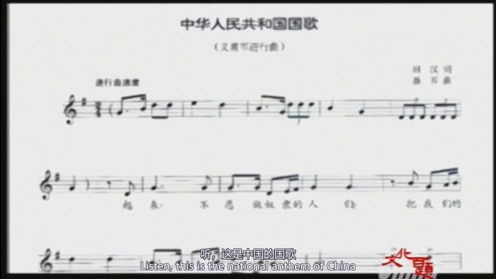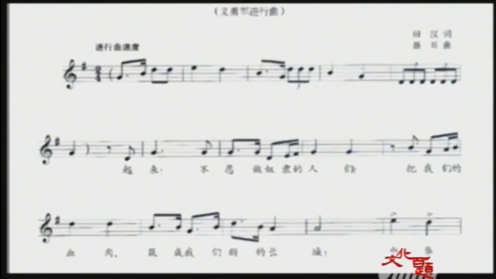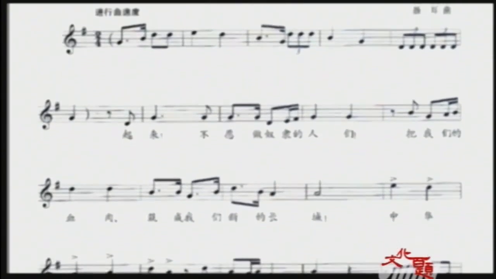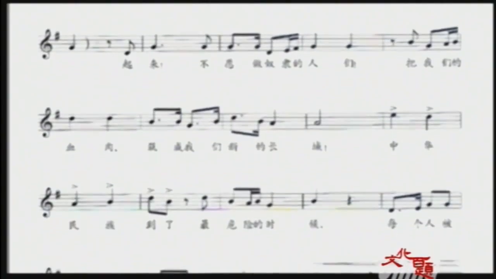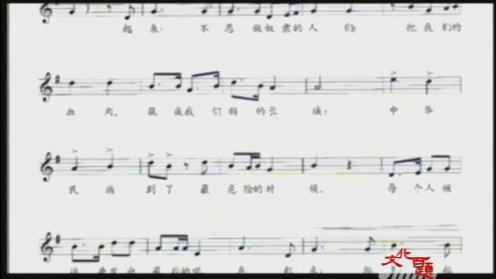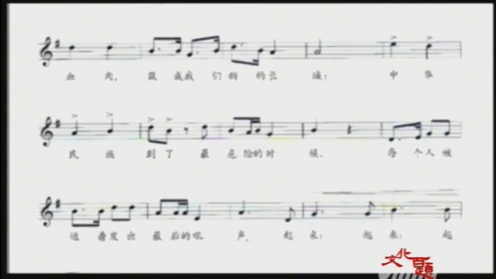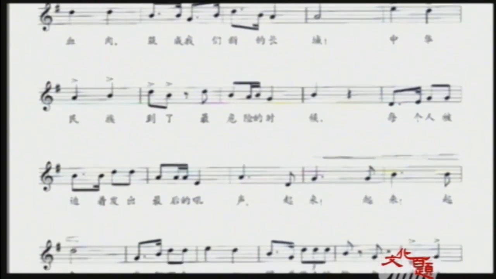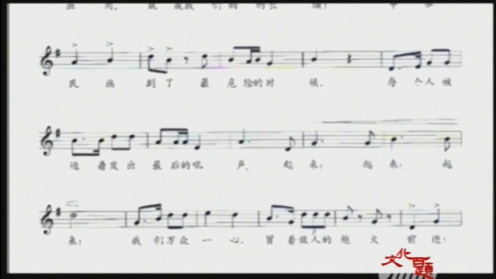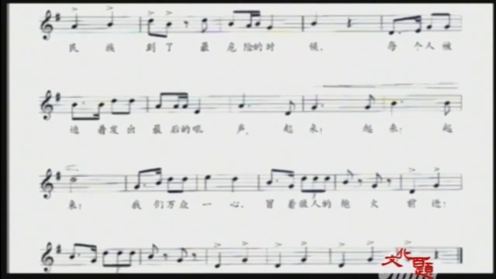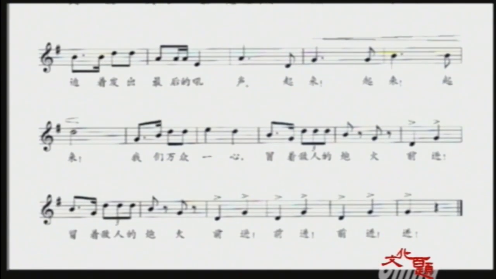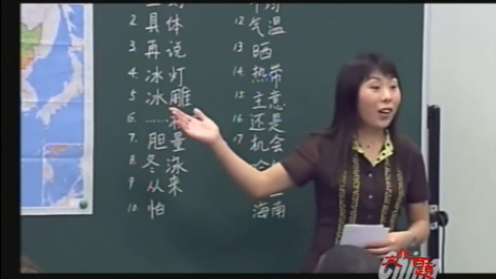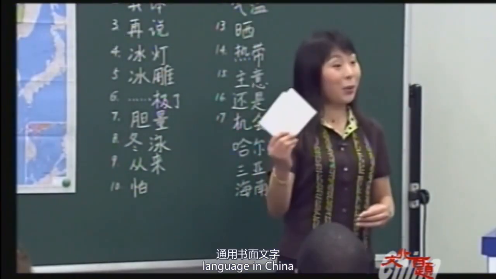Listen, this is the national anthem of China. Chinese is the national language, and Chinese characters are the commonly used written language in China.